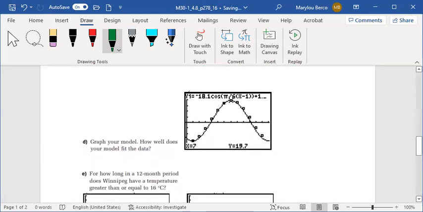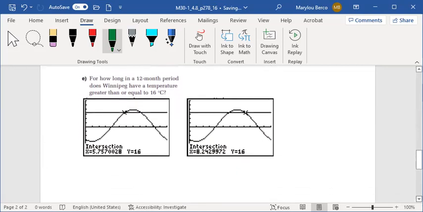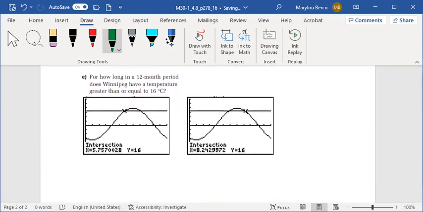Graph the model. How well does the model fit your data? Well, relatively well. So if we take a look, for how long in a 12-month period does Winnipeg have a temperature greater than or equal to 16 degrees Celsius?